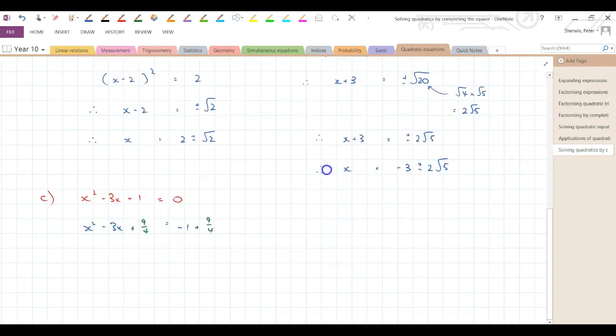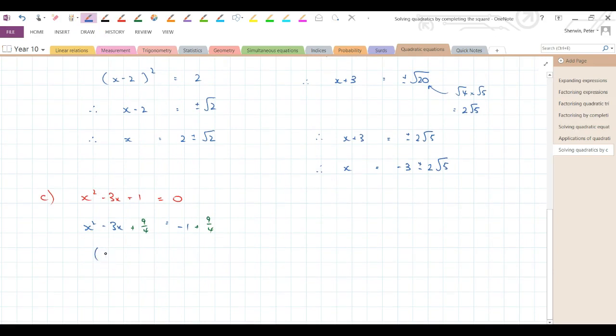Now the left-hand side, what does the left-hand side look like? x minus 3 over 2 squared. Now this over here becomes 5 over 4. So x minus 3 over 2, that's a half of that. It goes in there. 5 over 4 is the result of what I did there, which was take that as minus 4 over 4 and add 9 over 4. That's how we deal with fractions. Minus 4 plus 9 is 5.